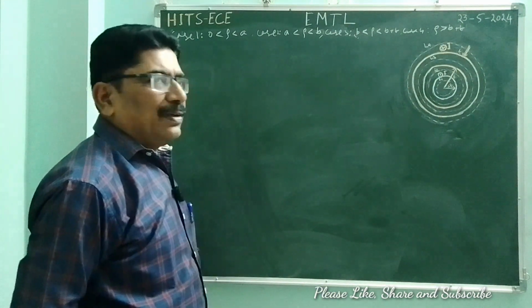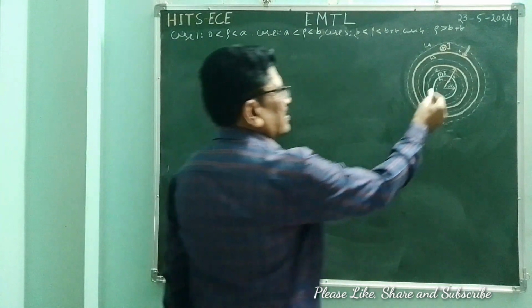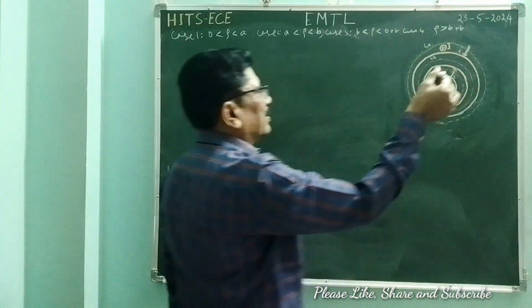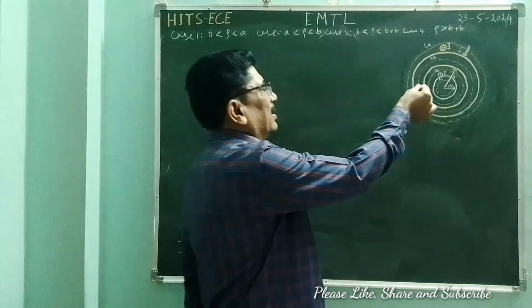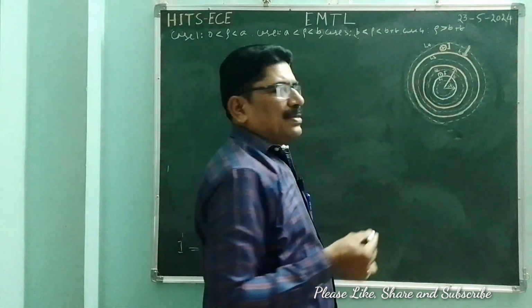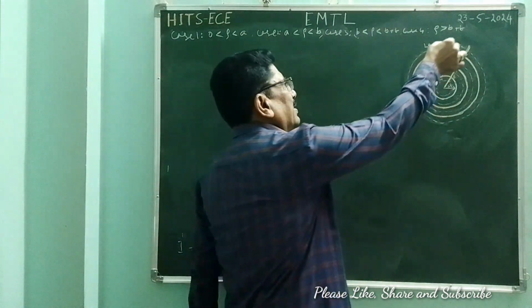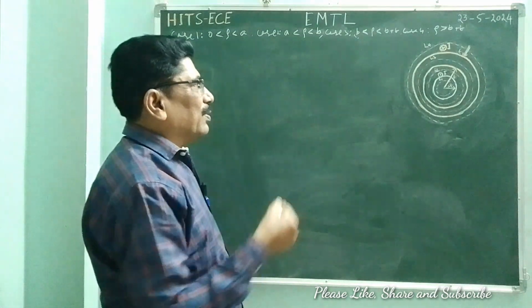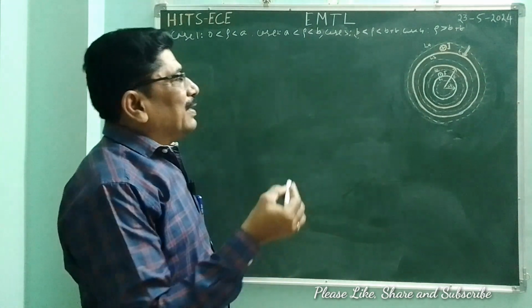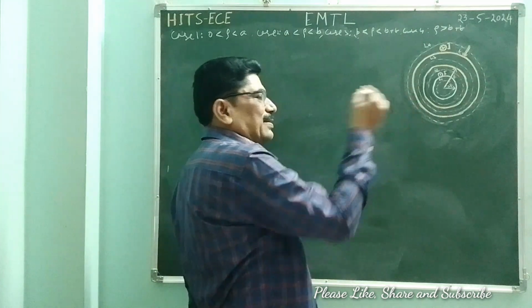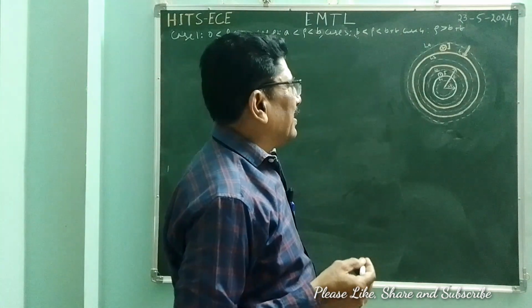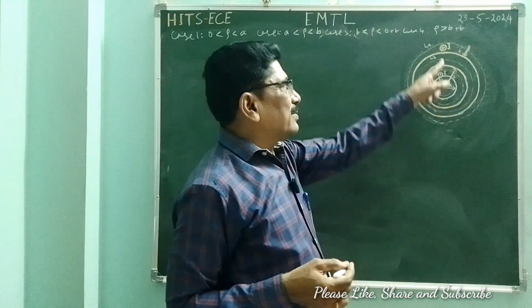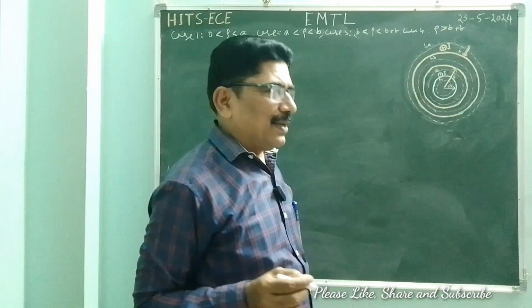So the unit vector for the inner conductor current is a z cap, and for the outer conductor it is minus a z cap. So the current density in the inner conductor is in the a z cap direction, and in the outer conductor it is in the minus a z cap direction.